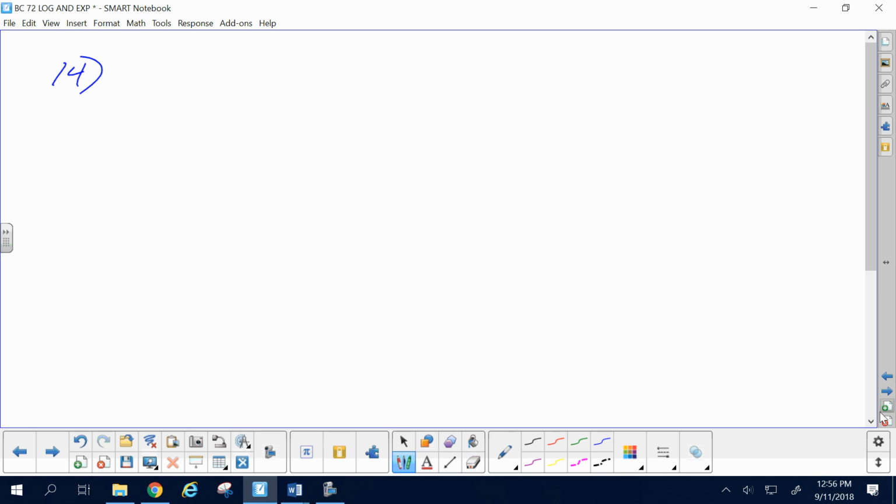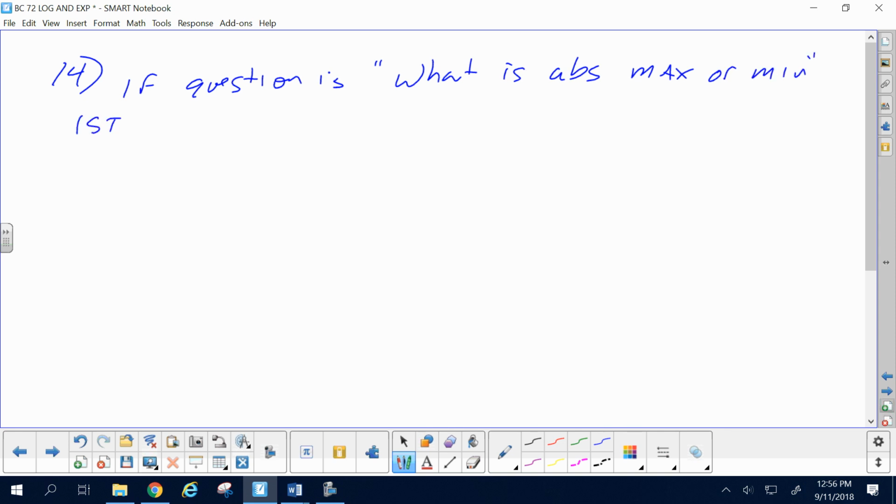This is what I want you to take away from this: if the question is, what is the absolute max or min, then the first step I would like to see, and I will build off a point on the exam, is the EDT, but not the first part of the EDT, the second part.